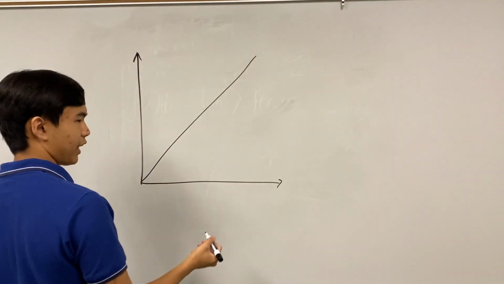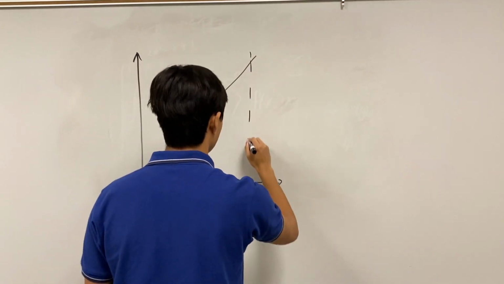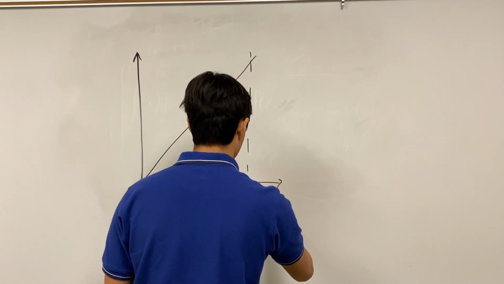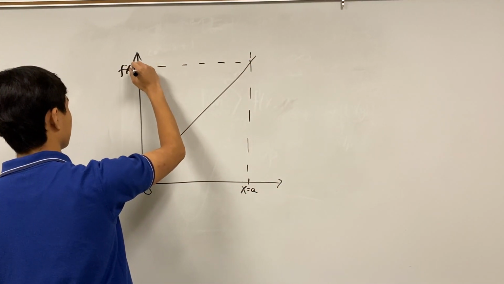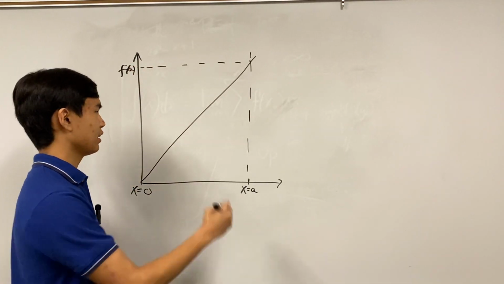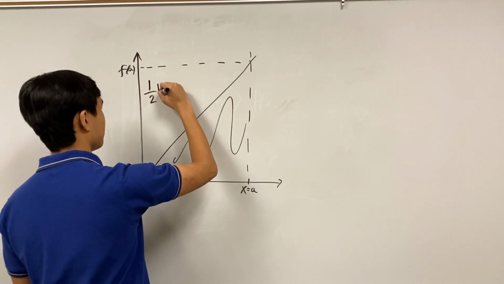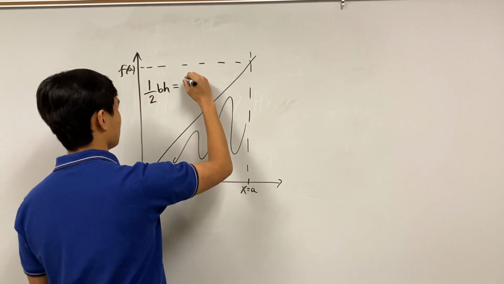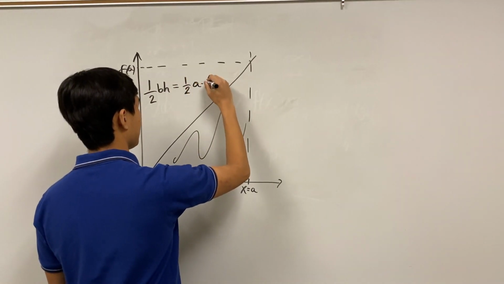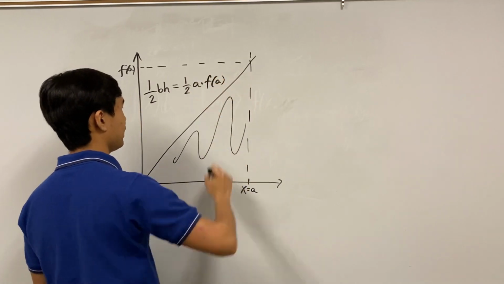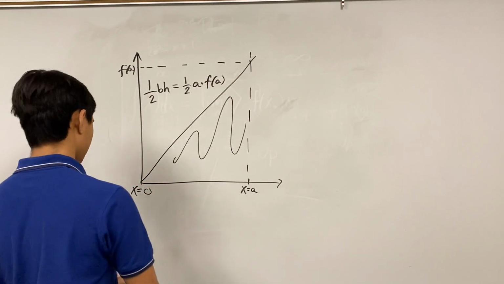Let's say you want to find the area from 0 to A, and then here's f of A. Well, for this, you can just do 1/2 base times height, which in this case is 1/2 A times f of A, right? So if you want to find the area under something like this, that's pretty simple.